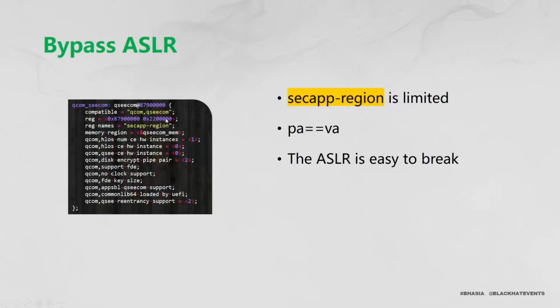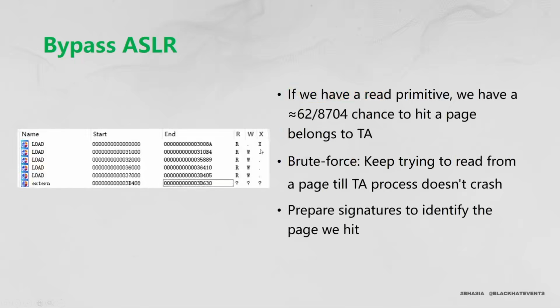Well, as the region is limited and it is a fixed physical address, we can bypass the ASLR by brute force. We can keep trying to read from a page, and the page will crash. But if it doesn't crash, it means that we have reached some page belonging to the TA, and we can prepare some signatures of each page, compare them with the page we can read from, and determine which page we have hit.